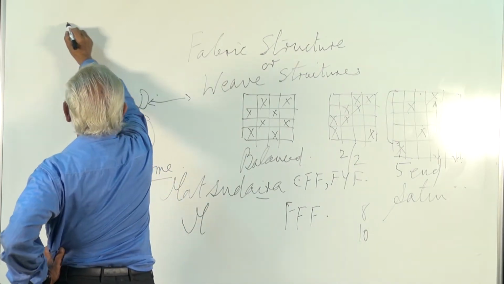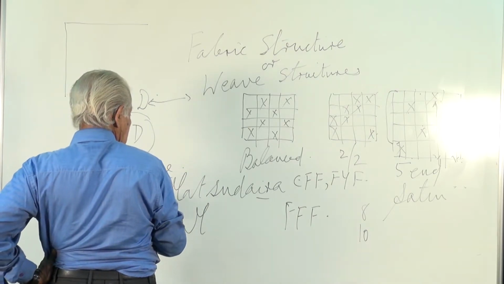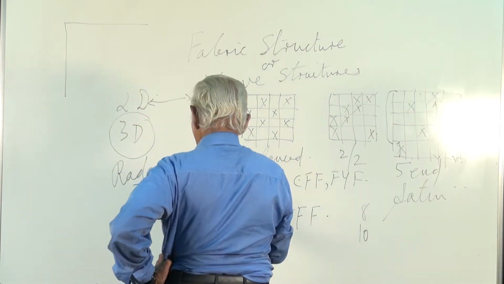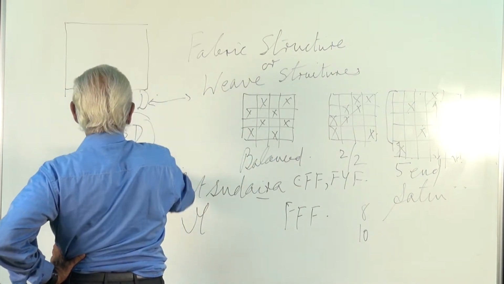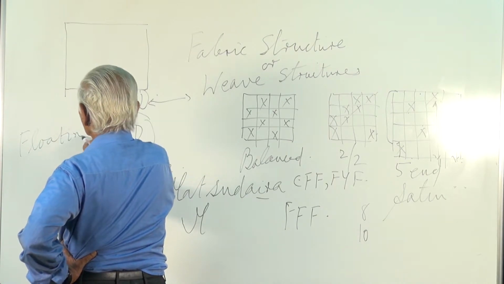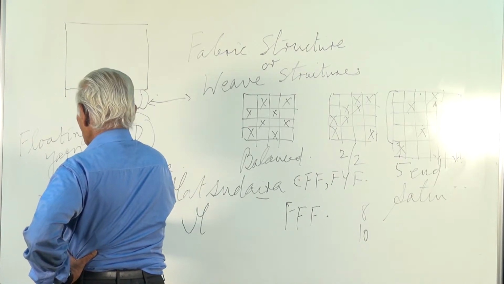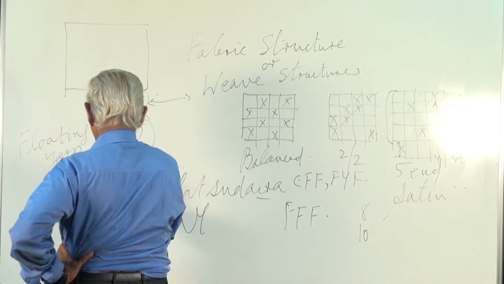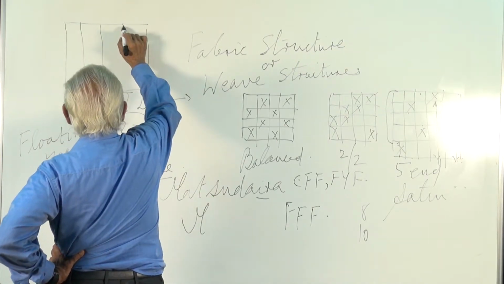FYF stands for floating yarn factor. How are these calculated?